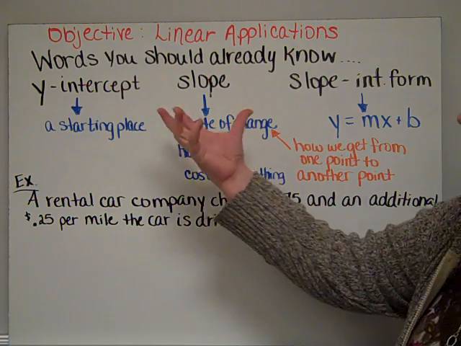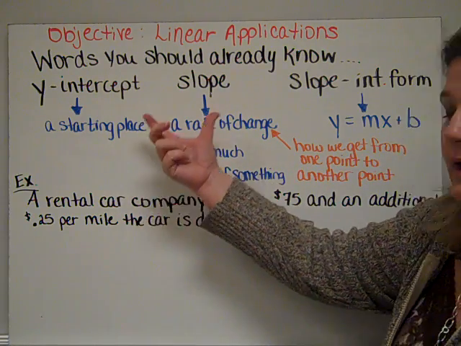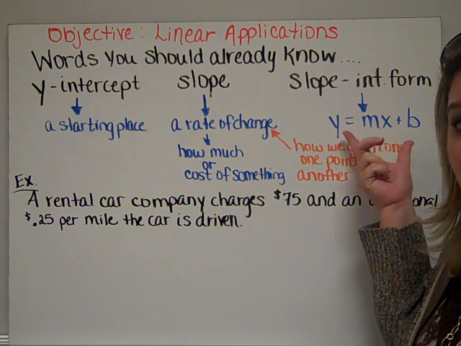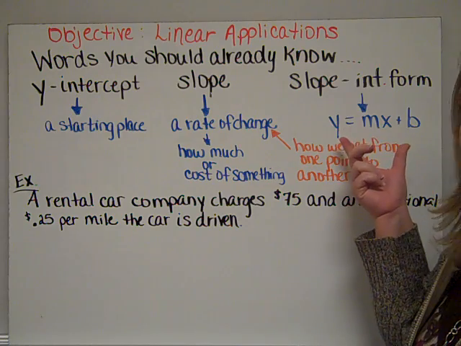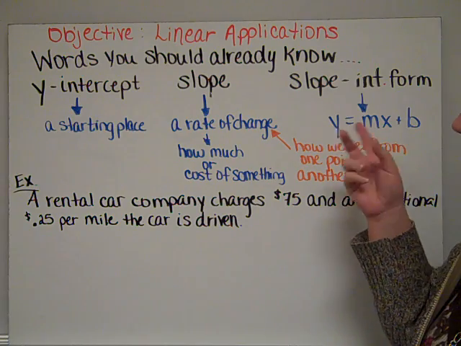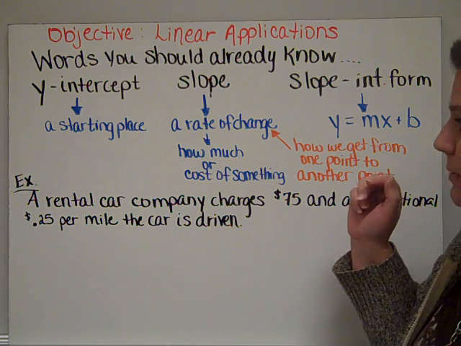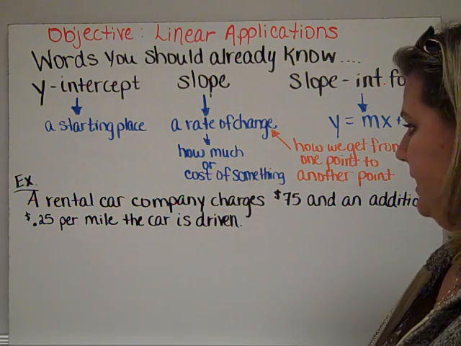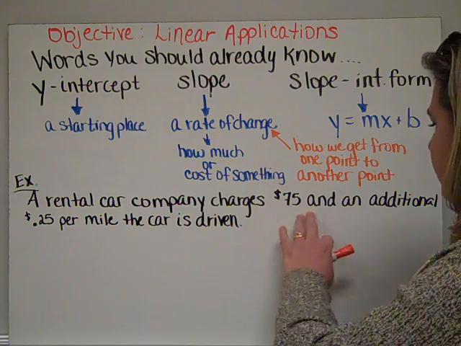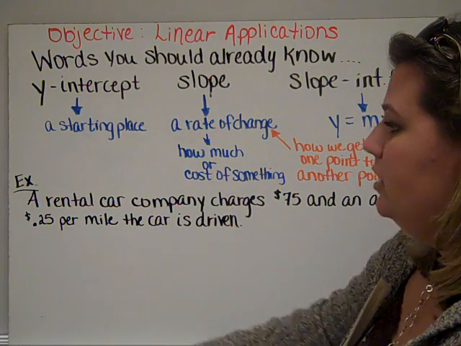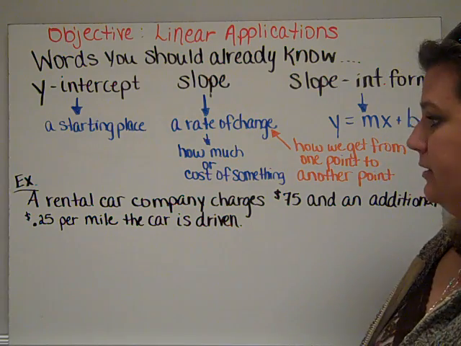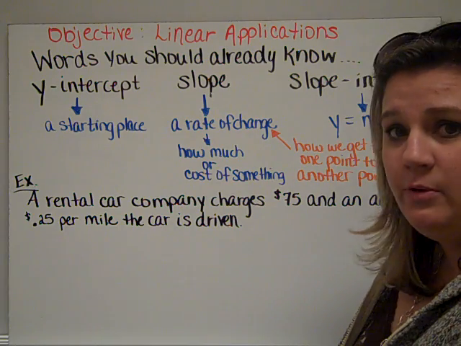So now we're going to learn how to take these particular pieces and apply them into word problems. It might not look like y equals mx plus b, but it's going to have that same linear relationship. So for example here, I have a rental car company that charges $75 and an additional 25 cents per mile the car is driven. All right, so let's pick out the pieces that we need.